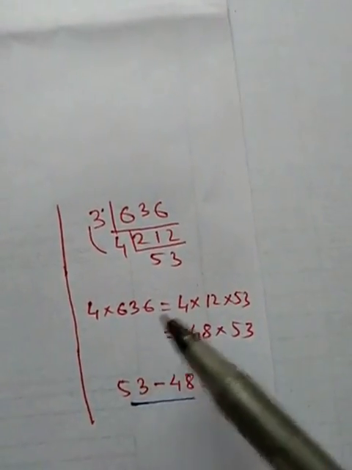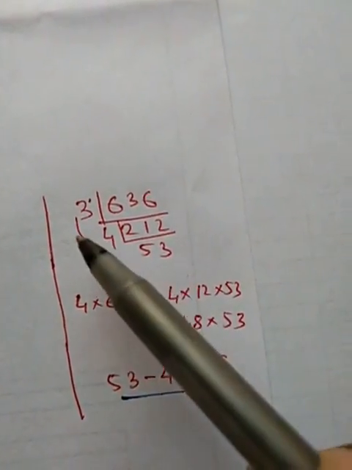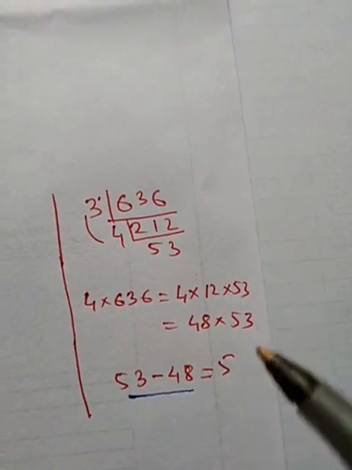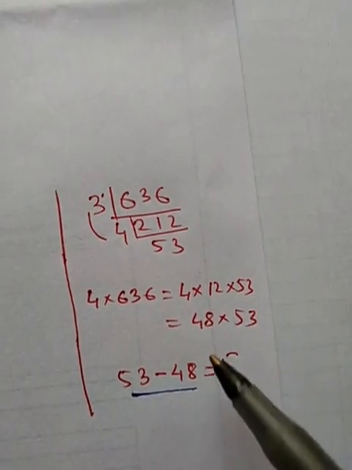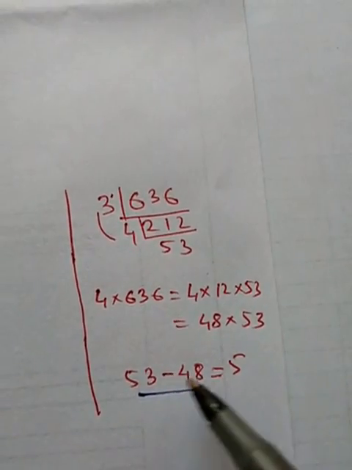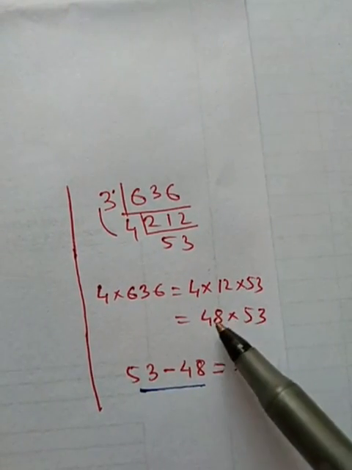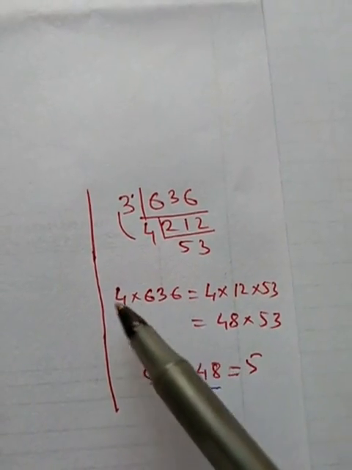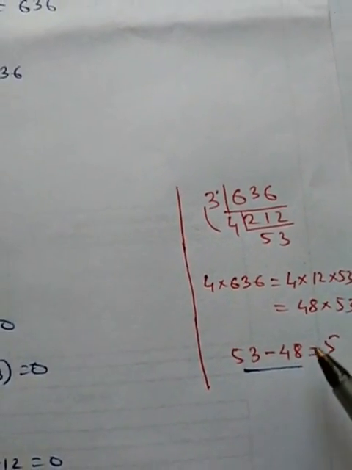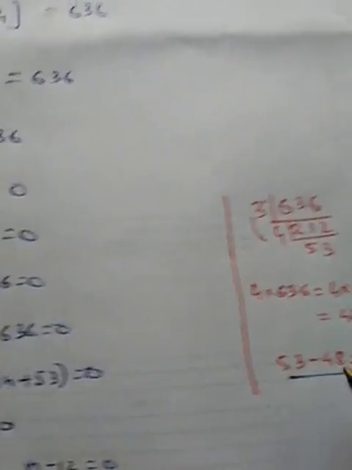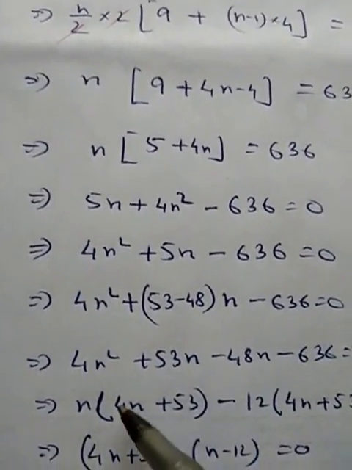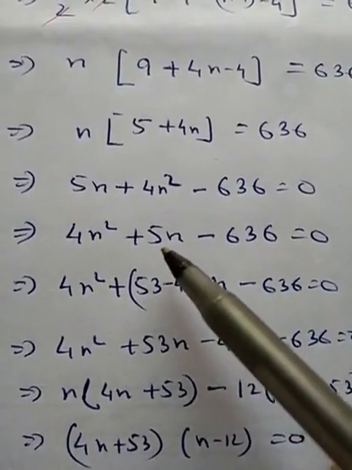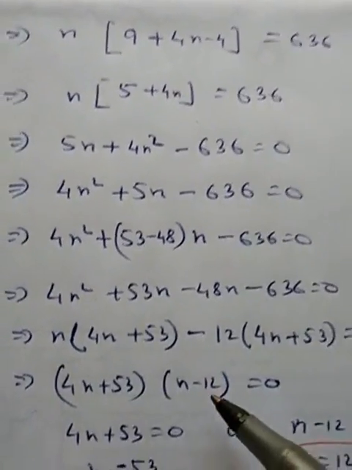So 4 into 636, that means 4 into 12 into 53. Now from these two parts, 4 into 12 is 48, and 53 minus 48 is 5, and 53 into 48 will be this number. So instead of 5 we take 53 minus 48, which we have written here, and then we split the middle term 5 and factorize.